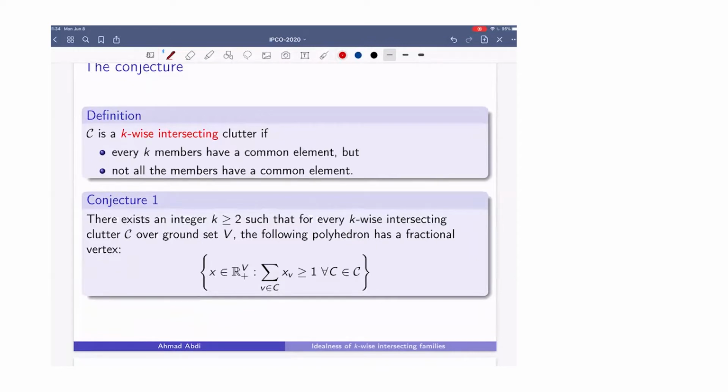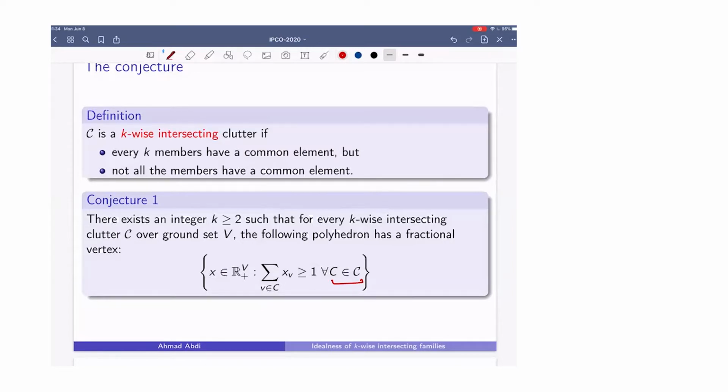What is this polyhedron? First off, the polyhedron is in the non-negative orthant. It assigns a variable to every element of the clutter, every element in the ground set. And it will have a constraint per member, and the constraint is a set covering constraint. It says that the sum of the variables in every member is at least one.